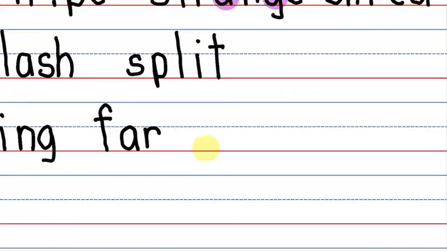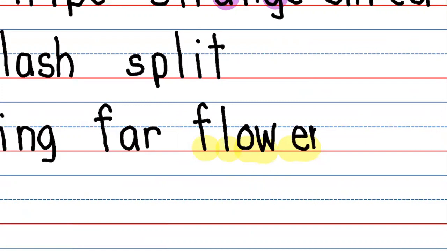Flower. Ow. Okay. Let's spell it. I'm going to spell that with an O-W. Second syllable, spelled with an E-R. Say the sounds again.